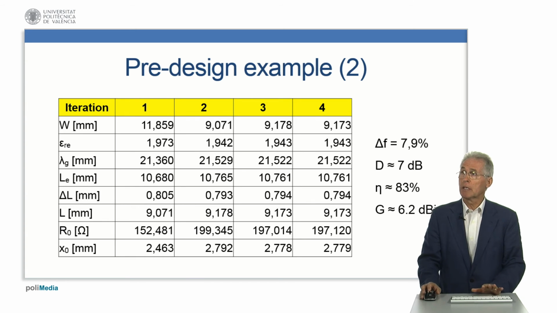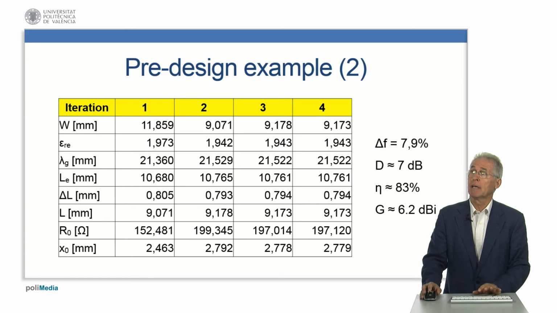So we have reached a bandwidth of 7.9%, a directivity of about 7 dB, radiation efficiency of about 83%, and gain of about 6.2 dBi.